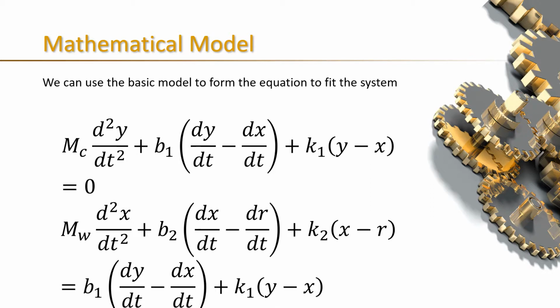As you can see, MC is the mass of the motorcycle, B1 is the first damper, as we saw in the previous slide, and K1 is the first spring, and then MW is the mass of the wheel, plus B2, which is the damper that is between the mass of the wheel and the road profile, and K2 being more than likely very small.